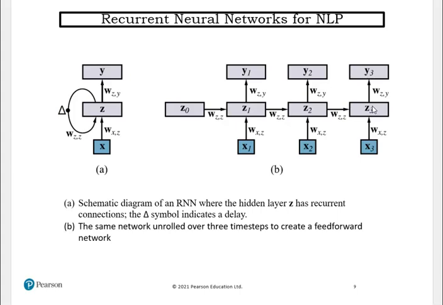So another approach is to pool together or take the average of all the hidden layers and then feed that into the sigmoid layer to finally get a classification between good and bad. So in that case, we are forcing the network to pay attention not just to the last hidden layer Z3, but also to what was said before we reach Z3.